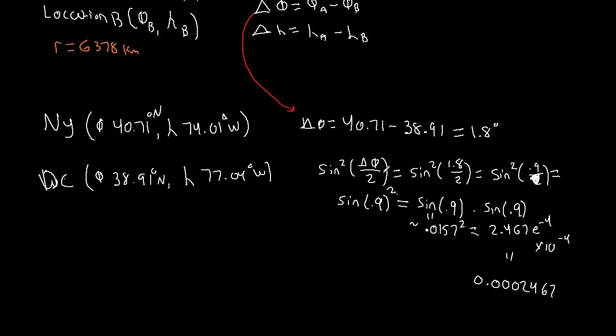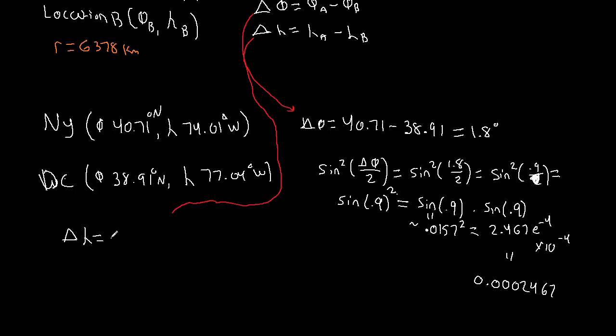So let's go ahead and look at the delta lambda. Again, we're going to be pulling this delta lambda equation down here. Delta lambda is going to be lambda A minus lambda B. Because both of these are west, remember, when we're measuring west of the prime meridian, everything is negative.